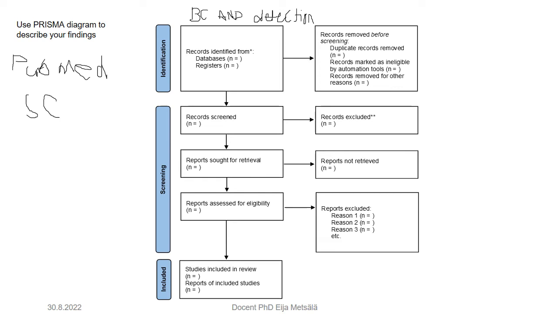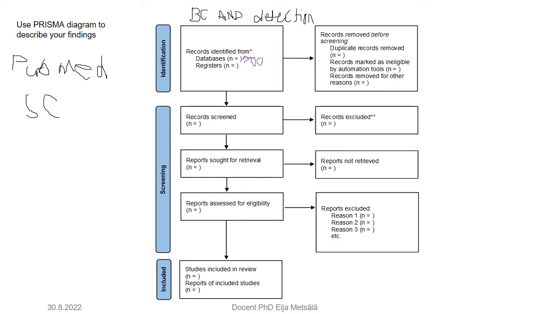We start with putting these two simple keywords into PubMed databases and find out that there we get 500 titles out of PubMed.